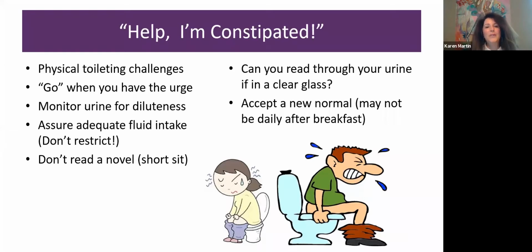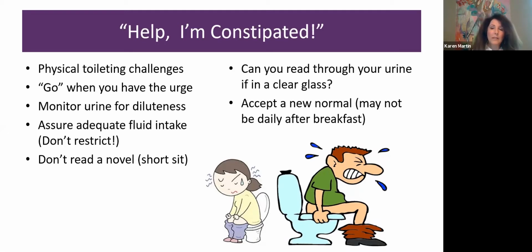So also think about not sitting on the toilet for long periods. Kind of help yourself be ready to go when you're there, because if you are taking the newspaper or War and Peace into the bathroom, then you're going to end up with hemorrhoids. So try to go when you're ready, and be efficient there.